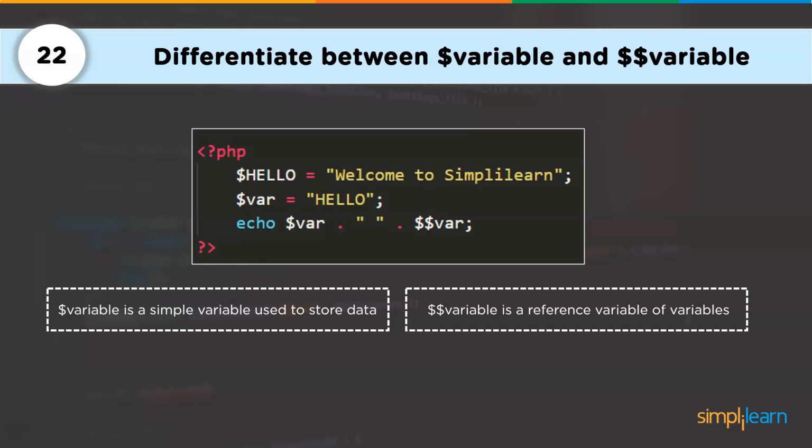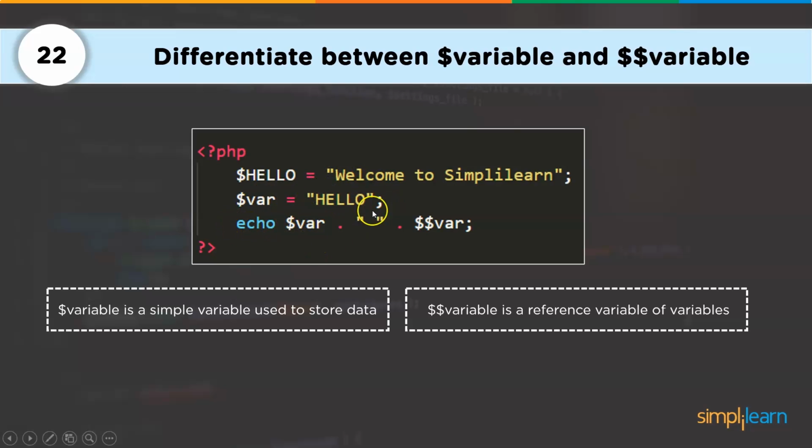Now to understand how these two work, you can see this particular block of code here. In this code, what you need to focus on is this is a simple variable hello, which contains the string welcome to Simplilearn, and we have defined another variable as var, which contains the string hello.